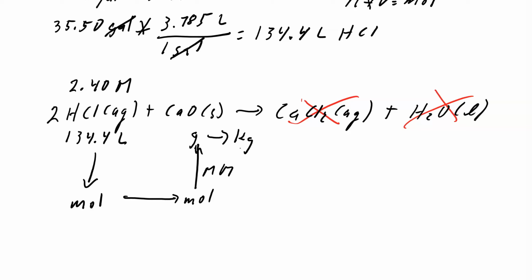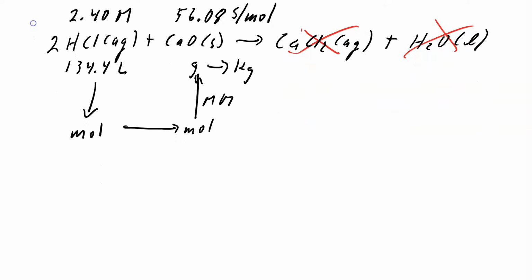Since we do need the molar mass for calcium oxide, we can look that up and calculate the value for that, and it's 56.08 grams per mole. So now we have everything we need, so we can set up our problem, do the calculation. We'll start with our measurement of volume, which is 134.4 liters, so let's write that, 134.4 liters.